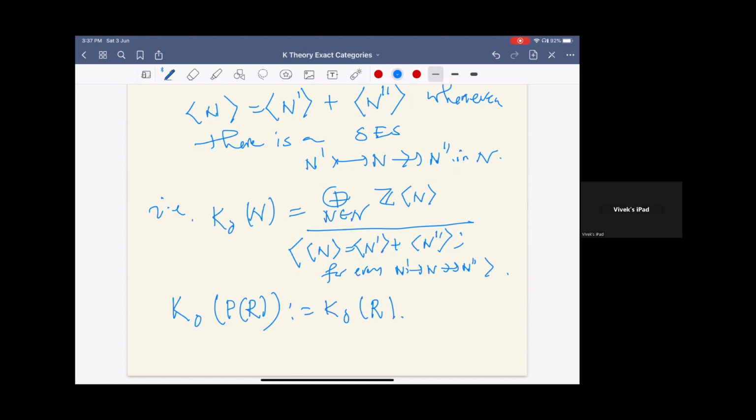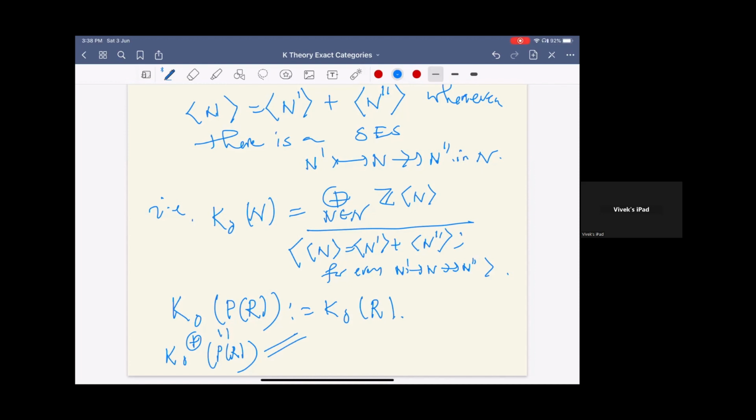Now look, PR is also a symmetric monoidal category under the direct sum, right? So there is another notion of K0, direct sum PR. If you think of PR as a symmetric monoidal category, you can also consider the K0 by group completion. These two things should be the same.